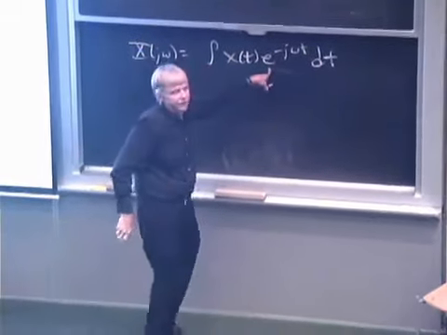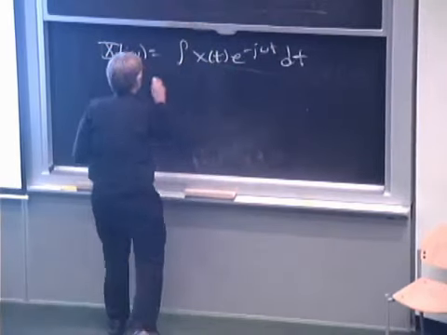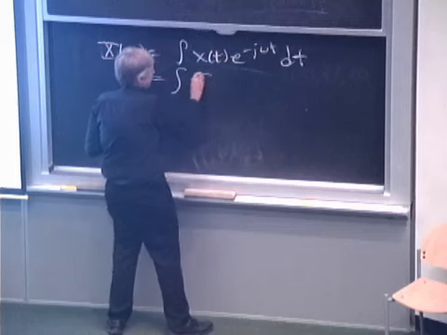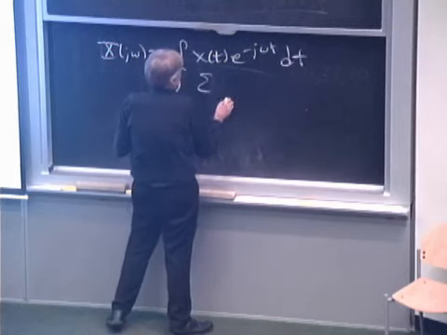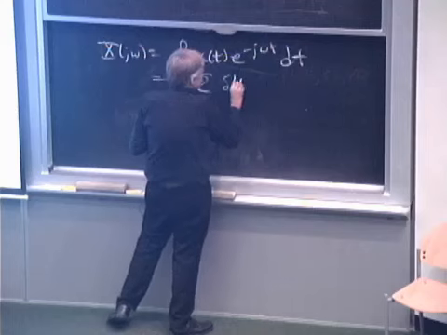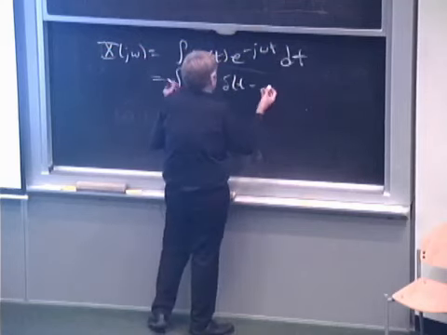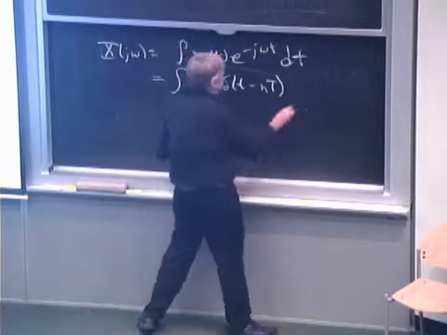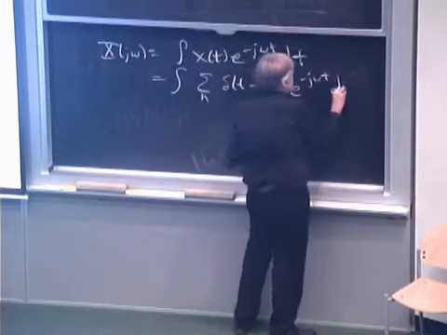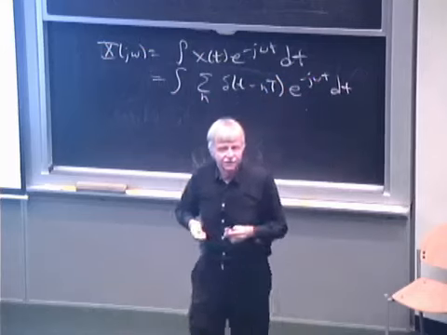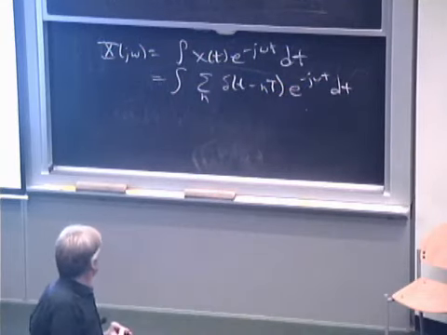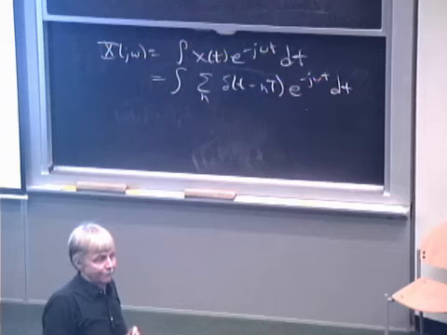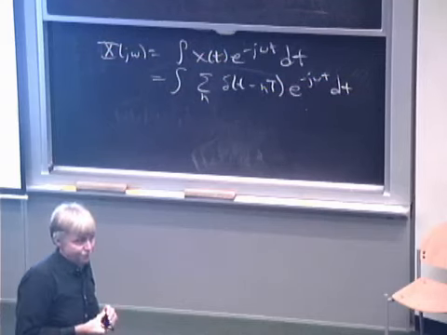If I put an infinite train of impulses here, I'd have a sum of delta of t minus nT, sum over n, e to the minus j omega t dt. That's a good step.